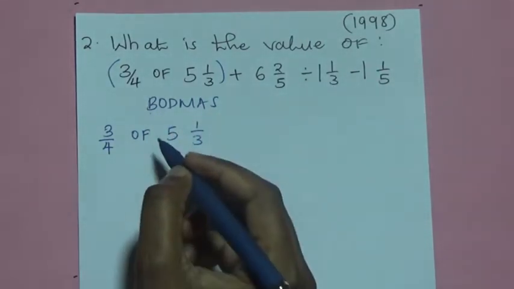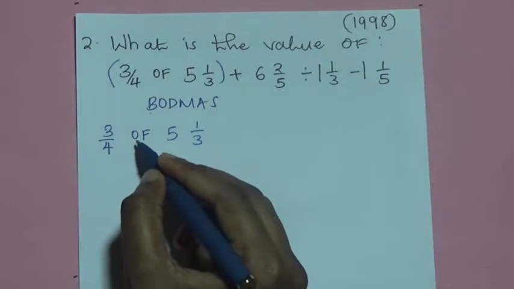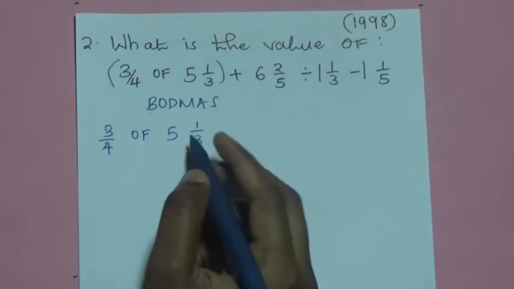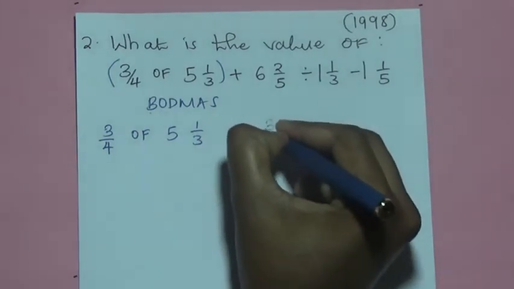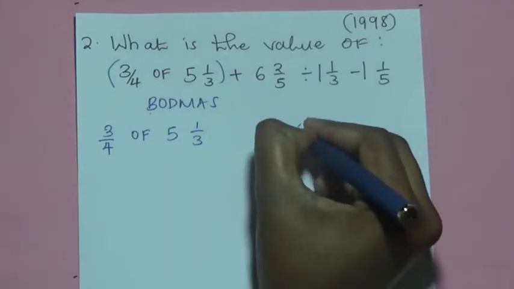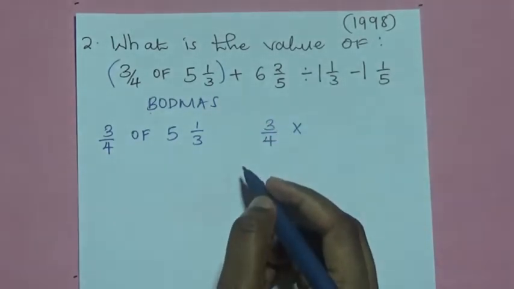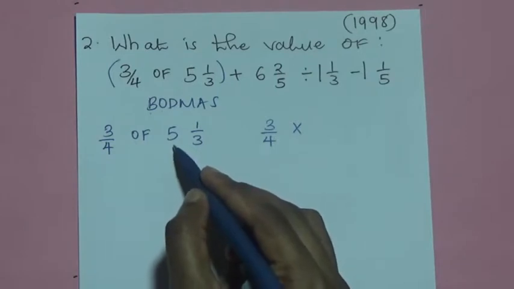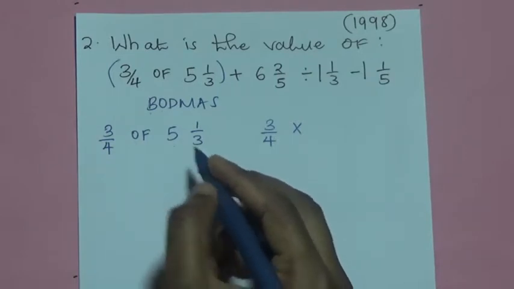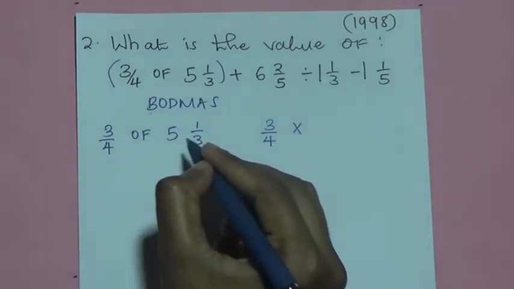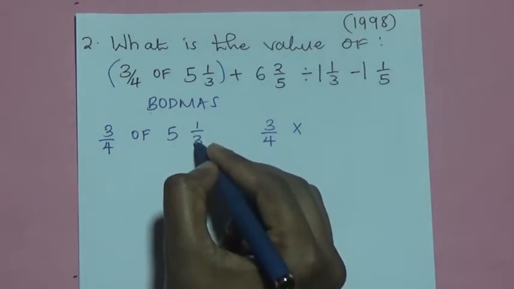Now we have said that "of" means multiplication, so we can relate this as 3 over 4 multiplied by 5 and a third. Now this is a mixed fraction, meaning 5 is a whole number and a third is a fraction.